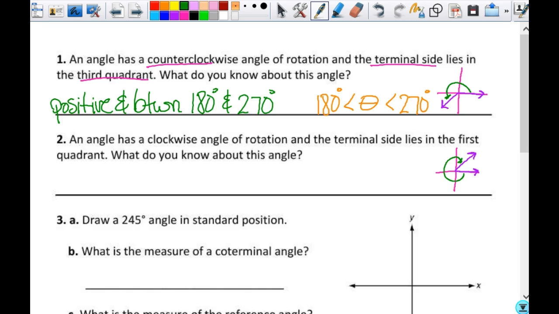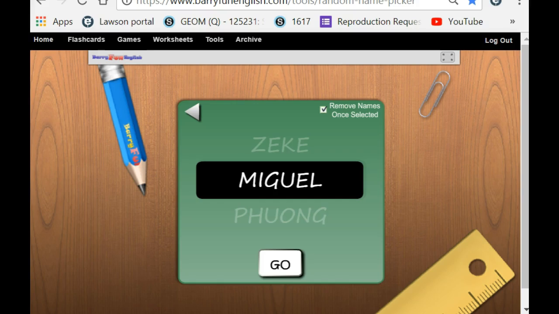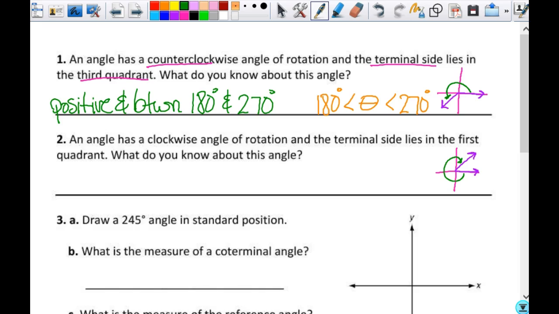So that's what my picture looks like. Y'all agree with that? Okay. Then what does that tell me about my angle? What does it tell me?